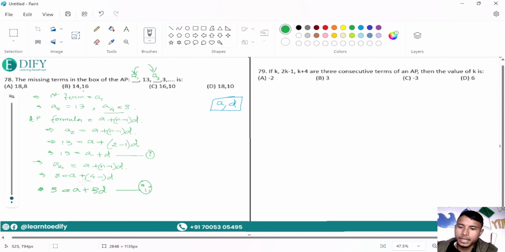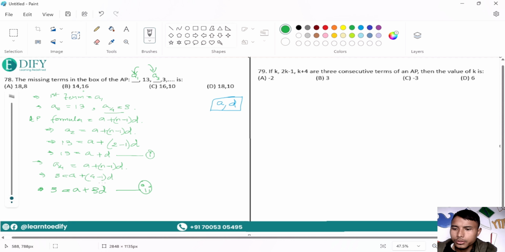Now we have two variables, A and D. And if you have watched my video on linear equations in two variables, you know how to solve them. We have three methods to find the values. The first is through graph, second is through substitution method, and the third one is through elimination method.